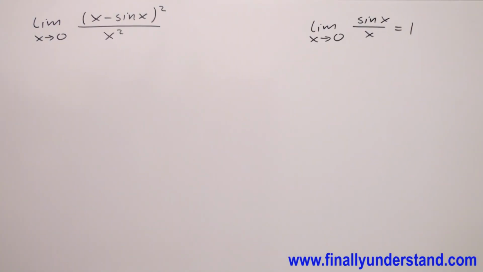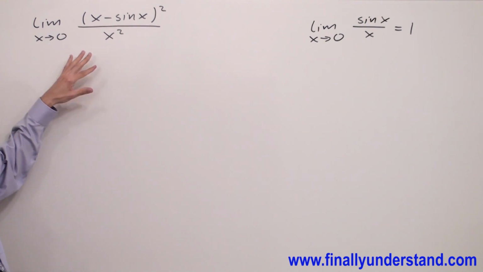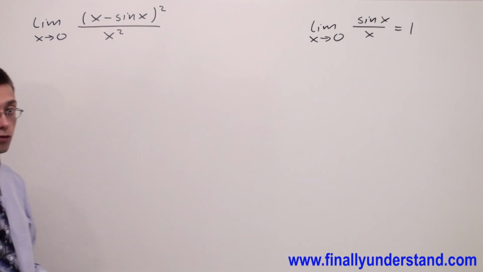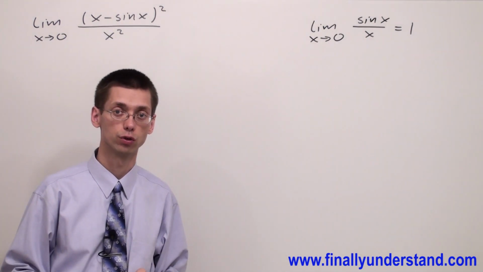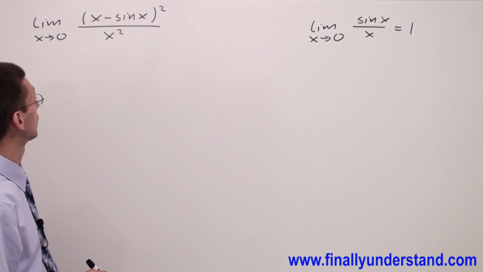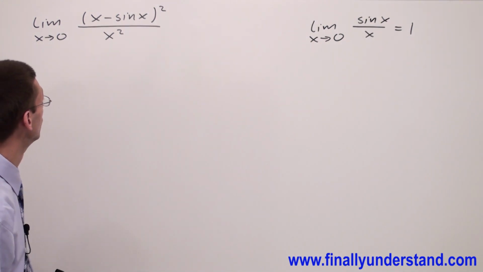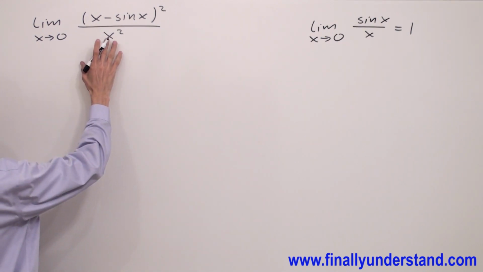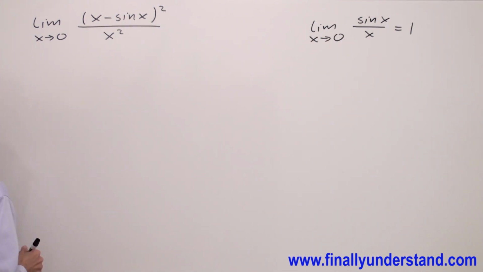We have another example on the board. Again, we are going to deal with a fraction. Look at the denominator. If you replace x by 0, you are going to have 0 in the denominator. We do not want to have zeros in the denominator. Now let's take a look at the numerator. We're supposed to find a way to eliminate this x, because we want to make sure that we are going to find the limit of this expression.